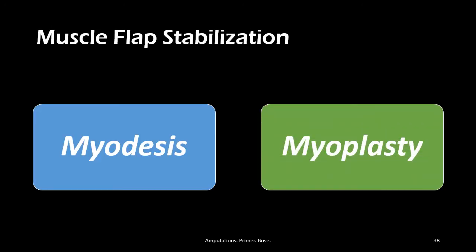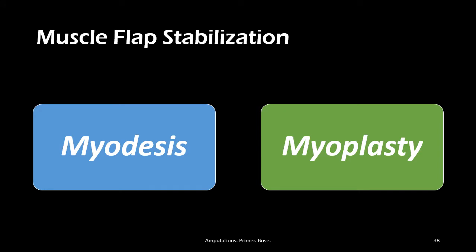Muscle flaps can be stabilized either with the myodesis procedure or by myoplasty. In myodesis, the muscle flaps and tendons are anchored into the bone using sutures. This is the ideal method because it allows for pull on the bone, thus preserving proprioception and kinesthesia, and is therefore more physiological.